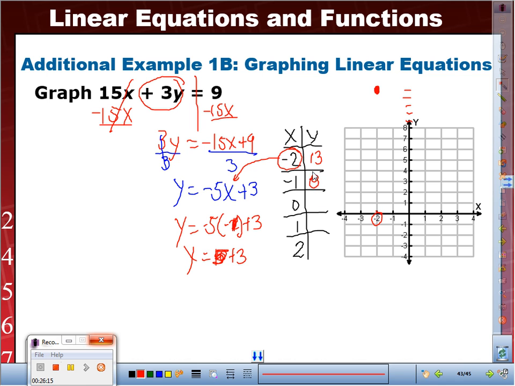So let's graph this. Negative 1 and 8 is about right there. Hands if you got that so far. Okay? Next one. For the value of 0, Amanda, what do you get for your y? 3. 0 is here, 3 is up here, and they meet up right there.